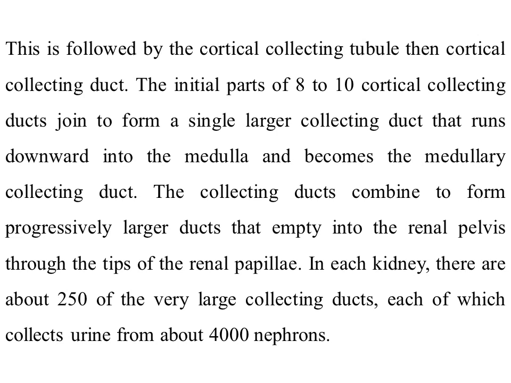The collecting ducts will combine to form progressively larger ducts مثل ما قلنا that empty in the renal pelvis through the tips of the renal papilla. In each kidney, there are about 250 of the very large collecting ducts, each of which collects urine from about 4,000 nephrons.